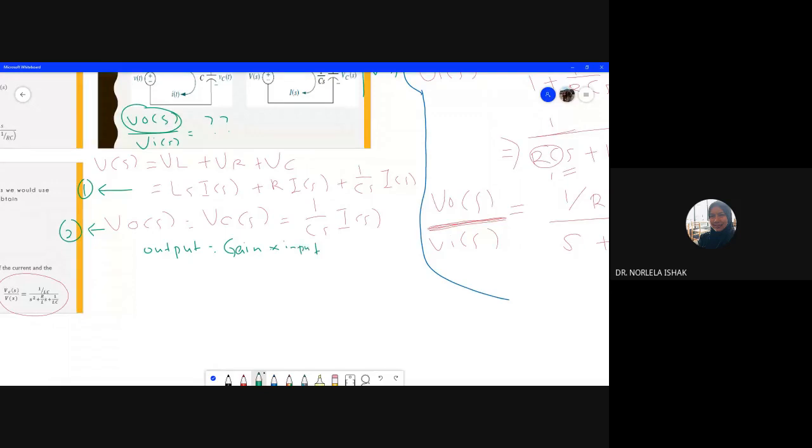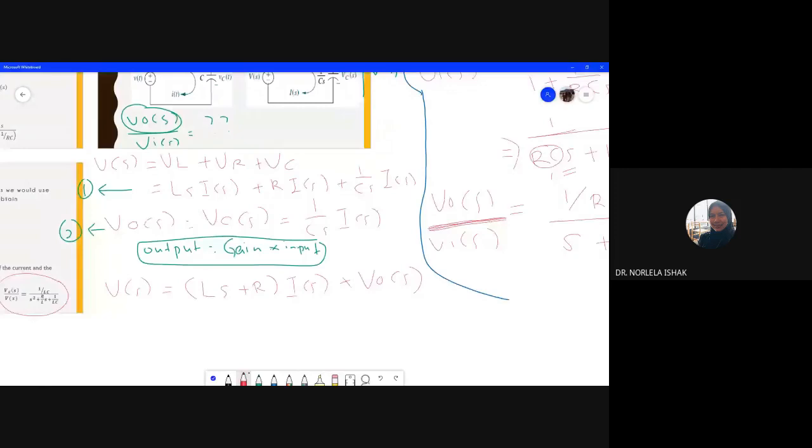So you have to rearrange equation number 1 first. So Vs equal to, this is the Ls plus R, multiplied by our current, plus V naught. Is it correct like this, plus V naught?